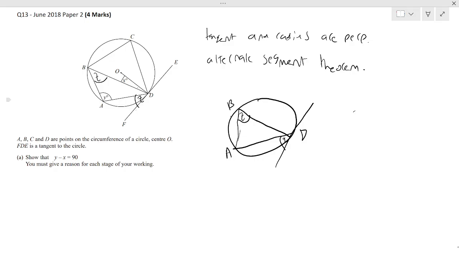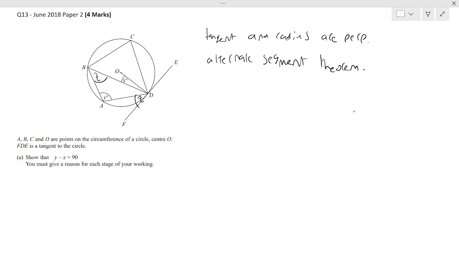Hopefully you can see that right. I've just simplified the diagram a bit to show the alternate segment theorem. So if we call that Z, then that's Z as well. Again, obviously, I don't really know Z at the moment. Can we do anything with that?